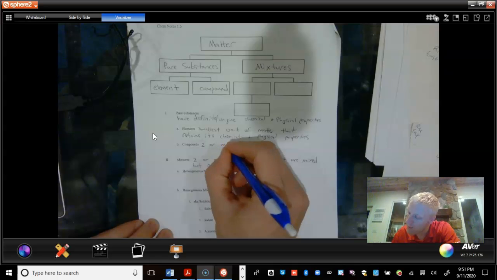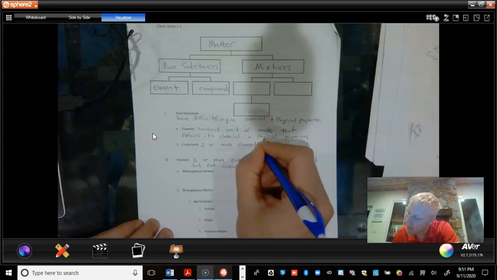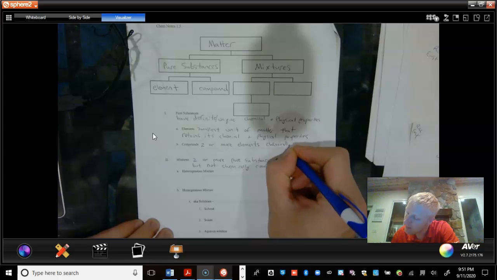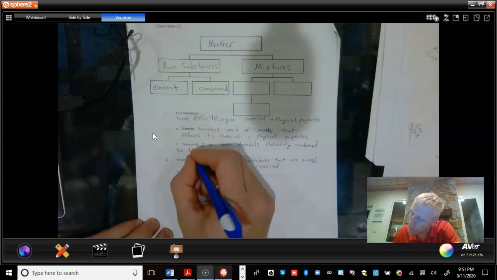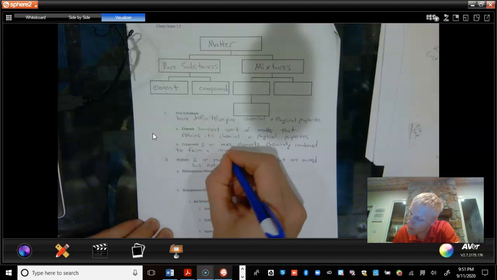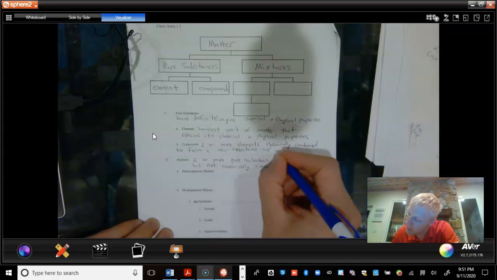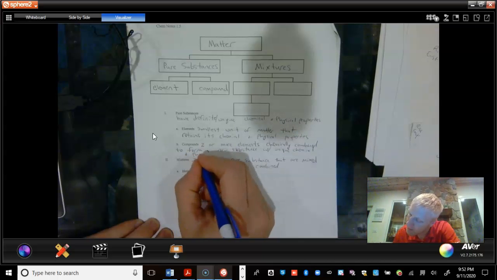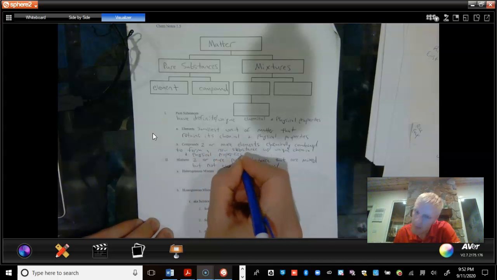2 or more elements chemically combined to form a new substance with unique chemical and physical properties.